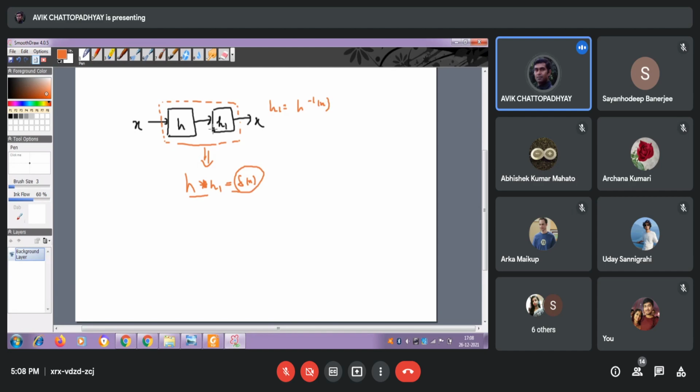That means distortion should be as minimum as possible. That I am trying to maintain.